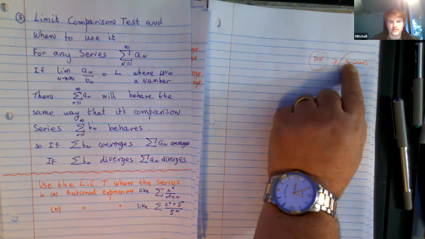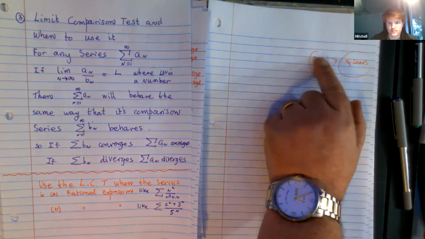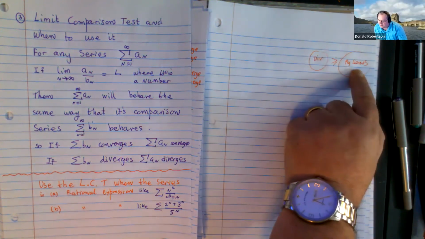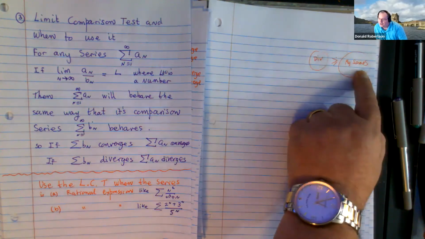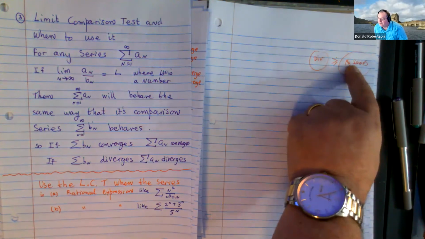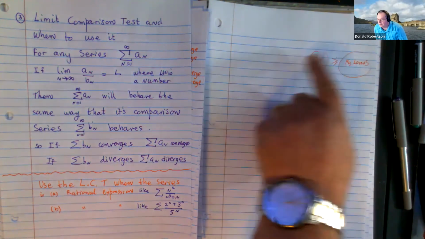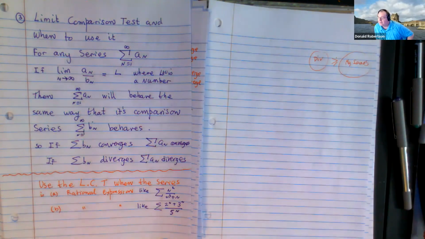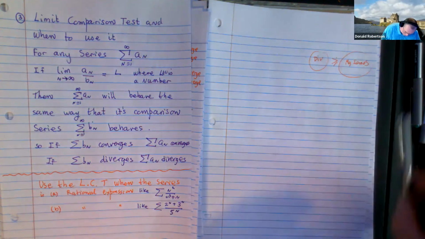Do you see the logic of that? If you do a comparison test and make it go this way, you may conclude it's less than this guy, so it must converge. And it's not. It actually could diverge, but it could also converge.